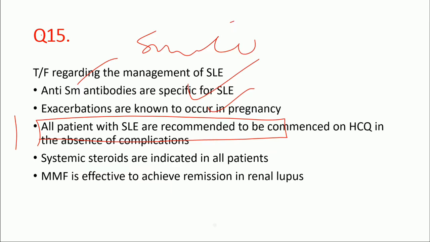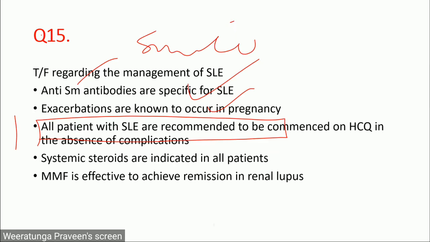So HCQ is a drug that should be given to all patients with SLE, regardless of what state of disease they have. And there are lots of benefits of giving this. The key benefit is that it reduces the risk of relapses of the disease. That is the first important thing to remember.